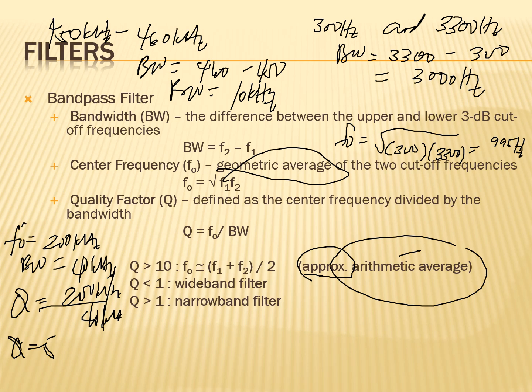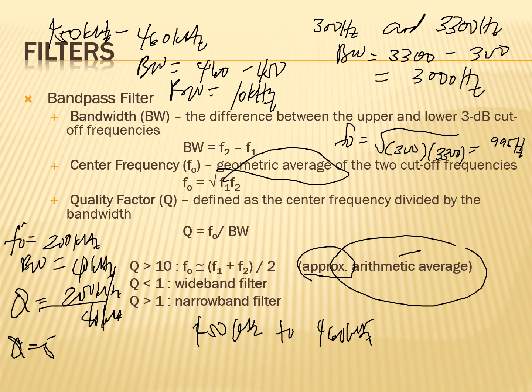Okay, so in a radio receiver, for example, we have cutoff frequencies of 450 kilohertz to 460 kilohertz.